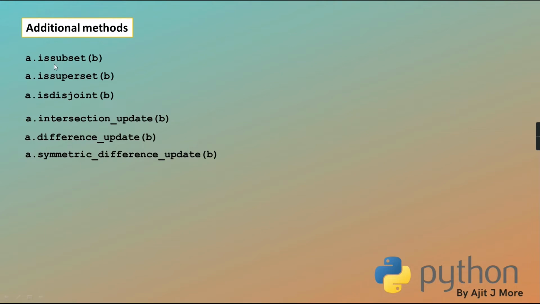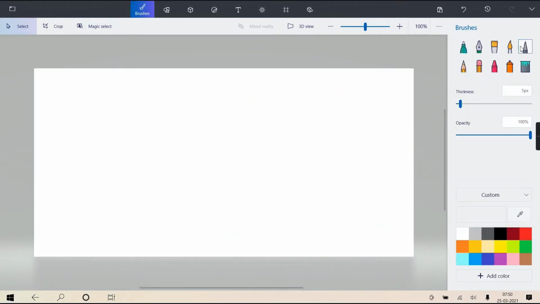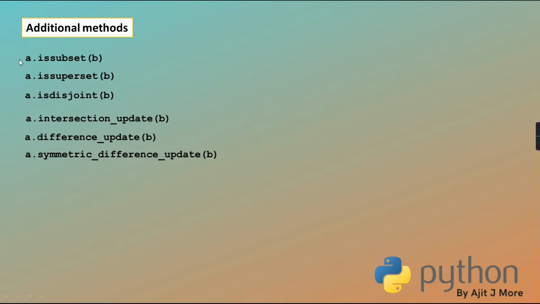This will return true if A is a subset of B. And I hope you know what a subset is: all the elements of A are present in B. In mathematical terms we write A subset of B. So if you want to check whether one set is a subset of another, you can use issubset.